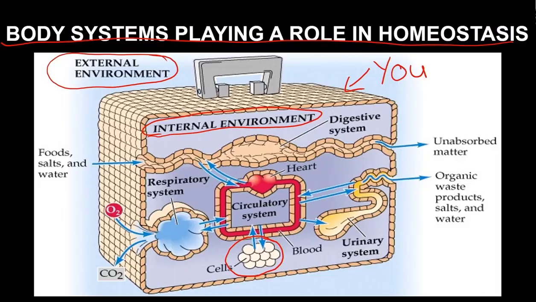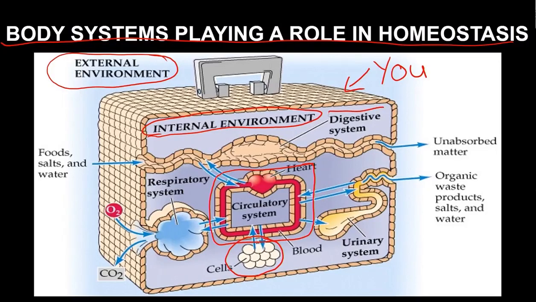One system that you looked at last year was the circulatory system, which is blood, and all of the substances we're talking about are carried around the body in the blood. That is very important because if our bodies need more substances, we can speed up our heart rate to get the substances to the cells more quickly. But let's focus on what we have looked at in our grade 11 year.